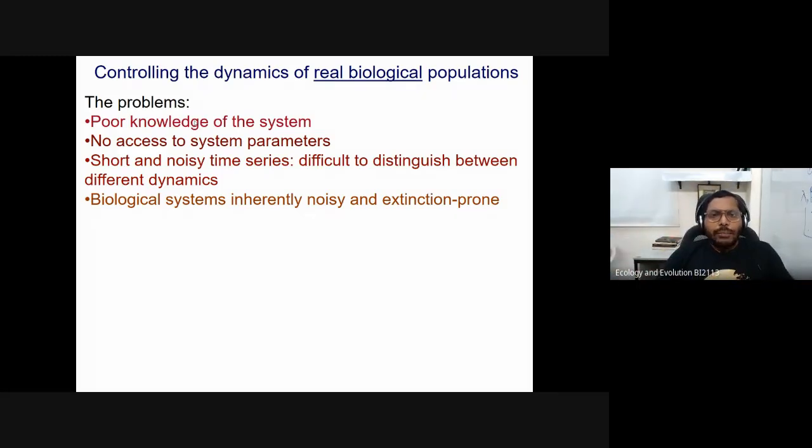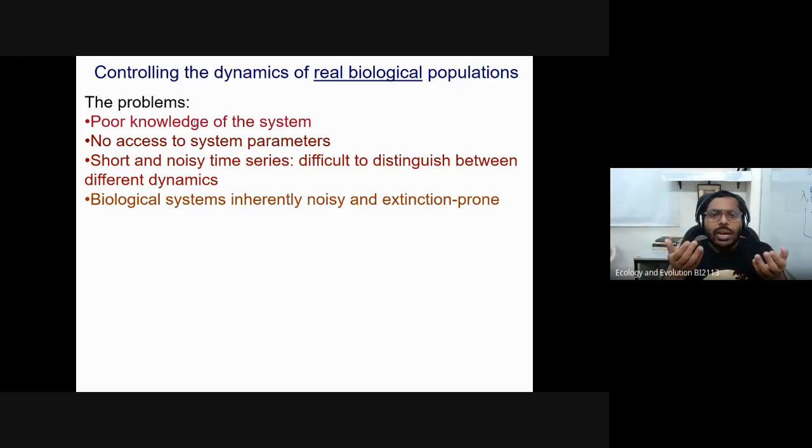The third thing that happens is that many of these experiments, or population dynamics data, are short and noisy time series. And as we were discussing, given that kind of time series, it is very difficult to distinguish between something which is chaotic and something that is reasonably regular dynamics with a little bit of noise around that.